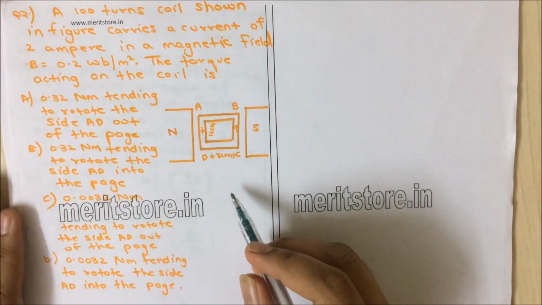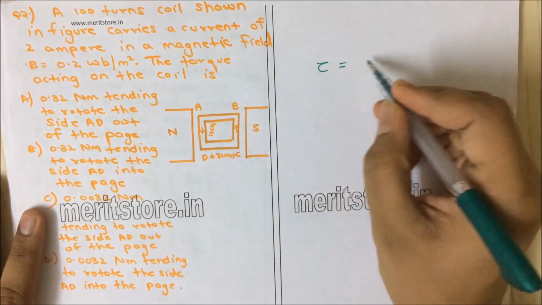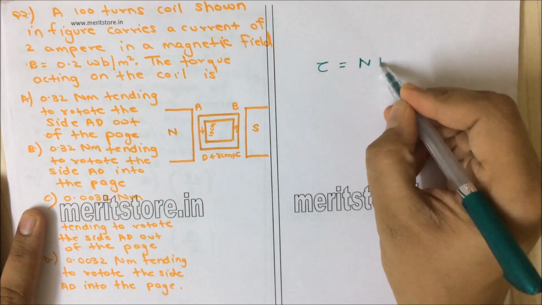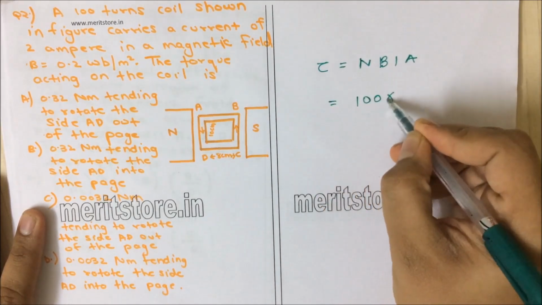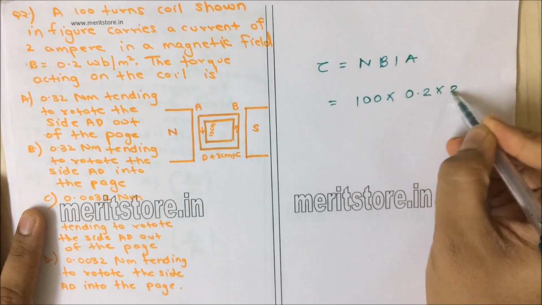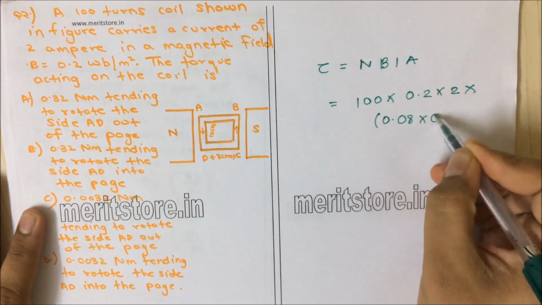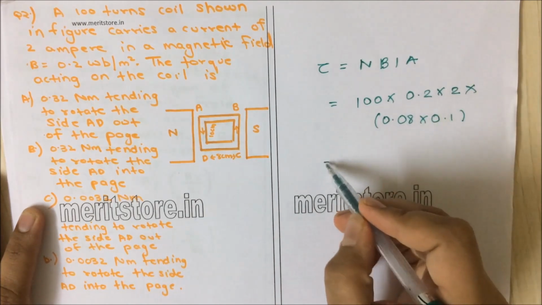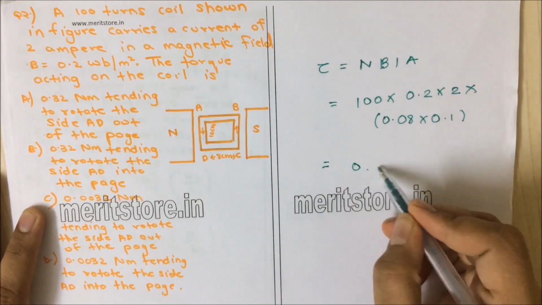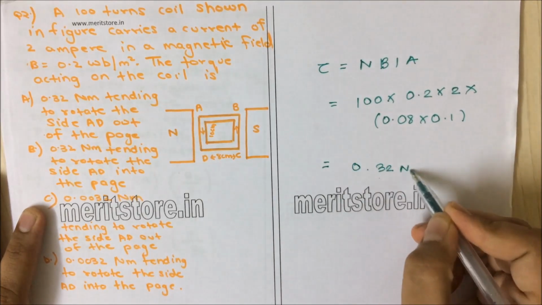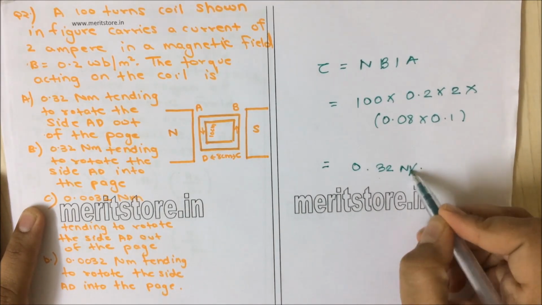Now to solve this question, we know the formula is tau is nothing but NBIA, which is 100 into 0.2 into 2 into 0.08 into 0.1, which will give us 0.32 Newton meter.